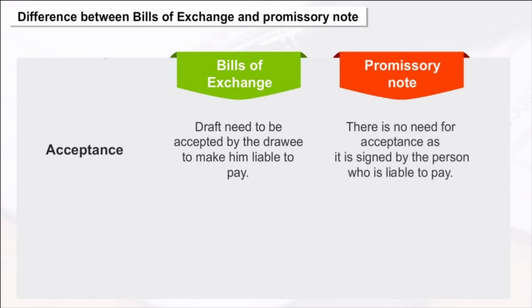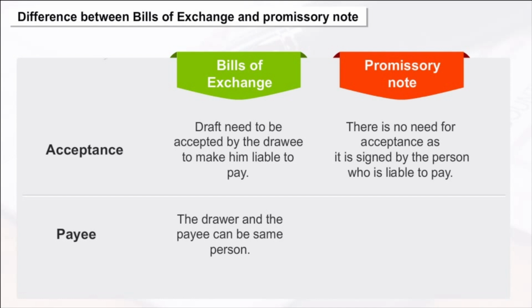In a promissory note, there is no need for acceptance as it is signed by the person who is liable to pay. 5. Payee. In bills of exchange, the drawer and the payee can be the same person. In a promissory note, the drawer cannot be the same person as the payee.